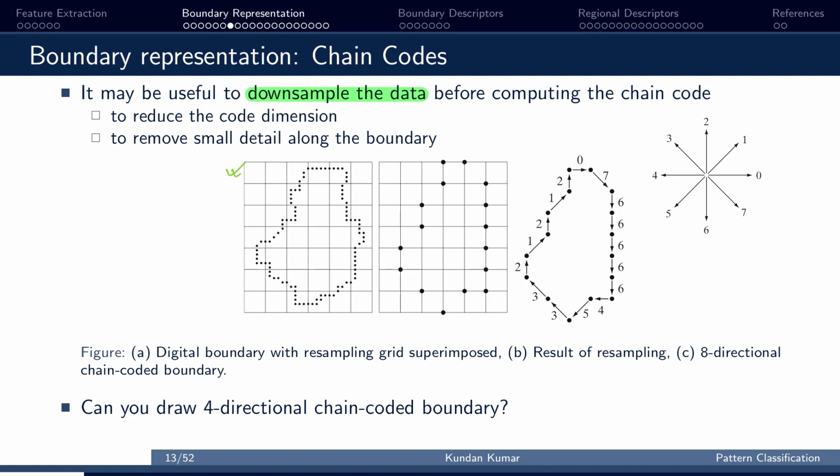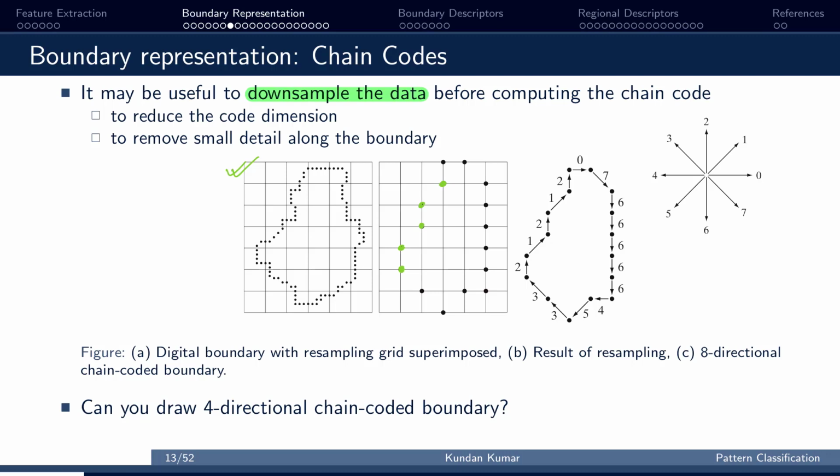Suppose this is the image, and here you can observe that the pixel values are in high resolution. So we can divide the whole image into grids, and then all the pixels are approximated to the nearest grid points.